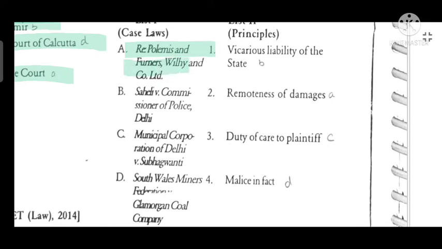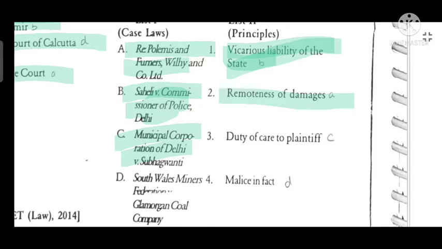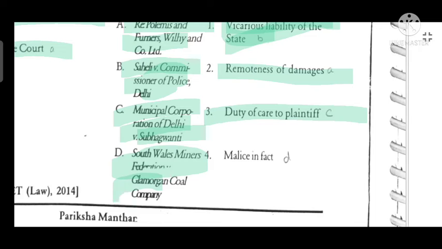Re Polemis and Furness, Withy and Company. Vicarious liability of the state. Remoteness of damage. Saheli versus Commissioner of Police, Delhi. Vicarious liability of state. Municipal Corporation of Delhi versus Subhagwati. Duty of the plaintiff. New South Wales Minerals Federation versus Glamorgan Coal Company.